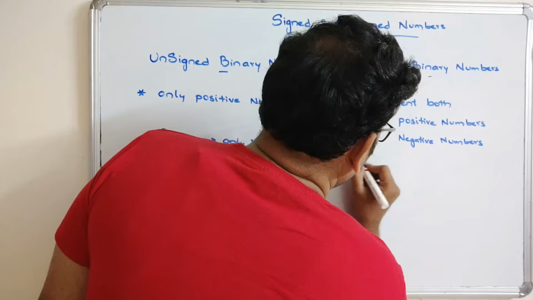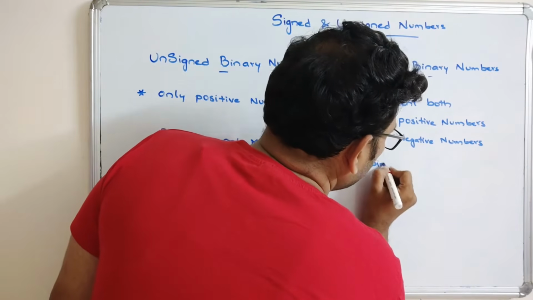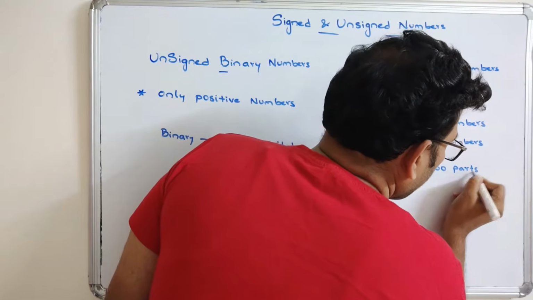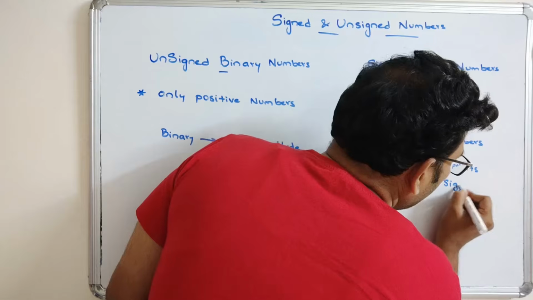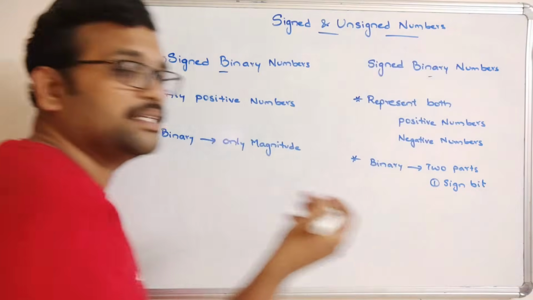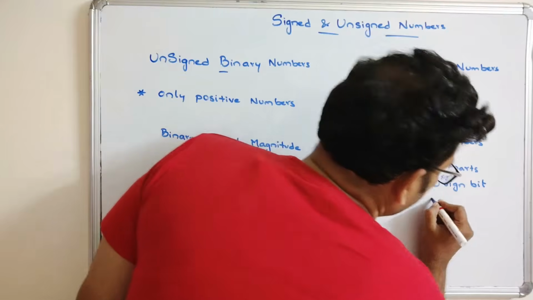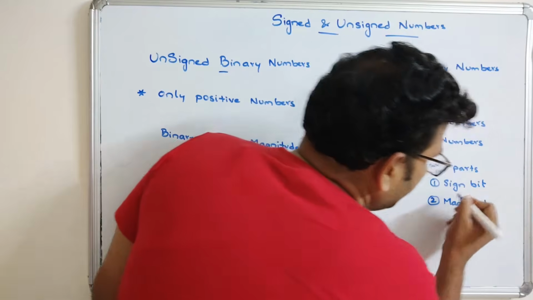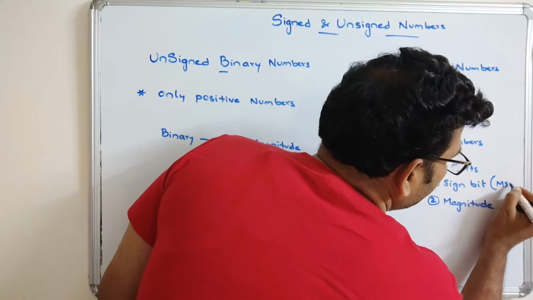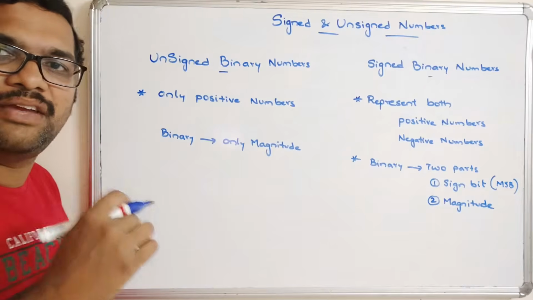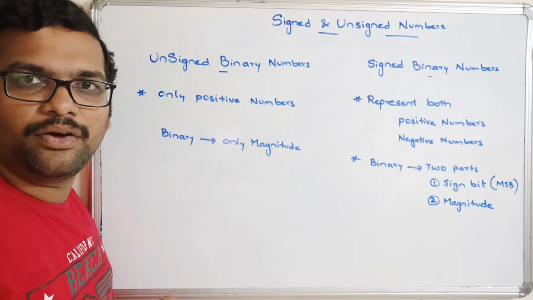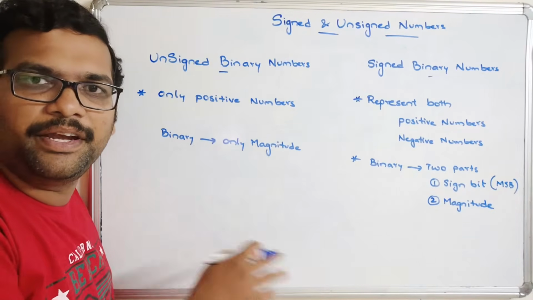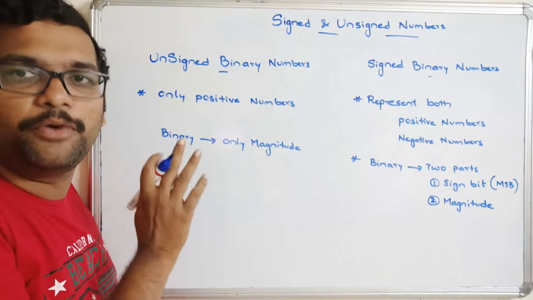But in the signed case, the binary representation will have two parts. The first one is a sign bit, which represents the sign, either positive or negative, and the second one is the magnitude. This sign bit is nothing but our MSB, the most significant bit. The most significant bit will represent the sign of that particular number. In the unsigned case there is only magnitude, with no special sign bit.